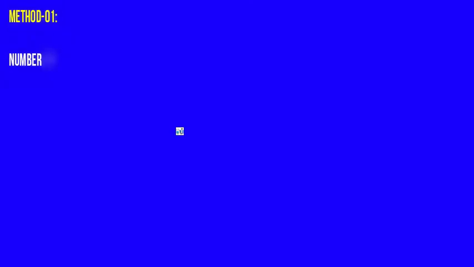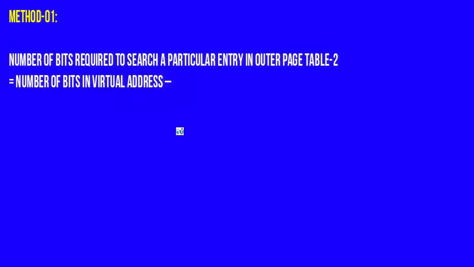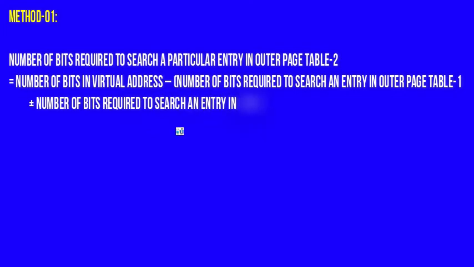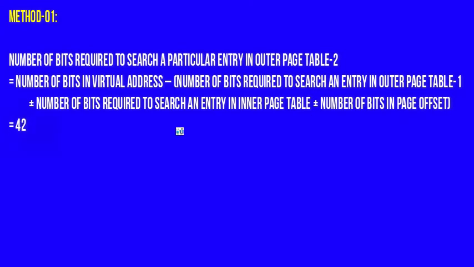Method 1: the number of bits required to search a particular entry in outer page table 2 equals the number of bits in the virtual address minus the number of bits required to search an entry in outer page 1, plus the number of bits required to search an entry in the inner page table, plus the number of bits in the page offset.